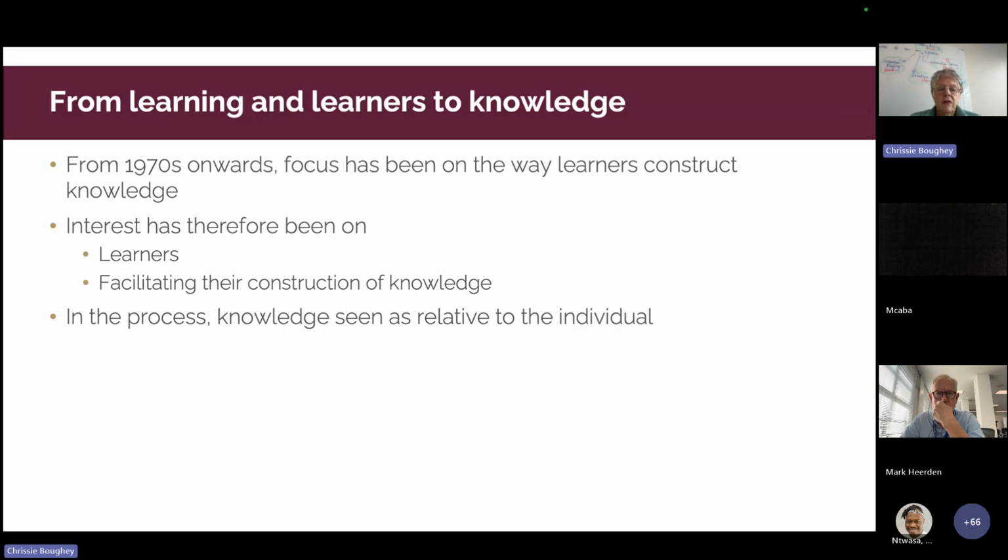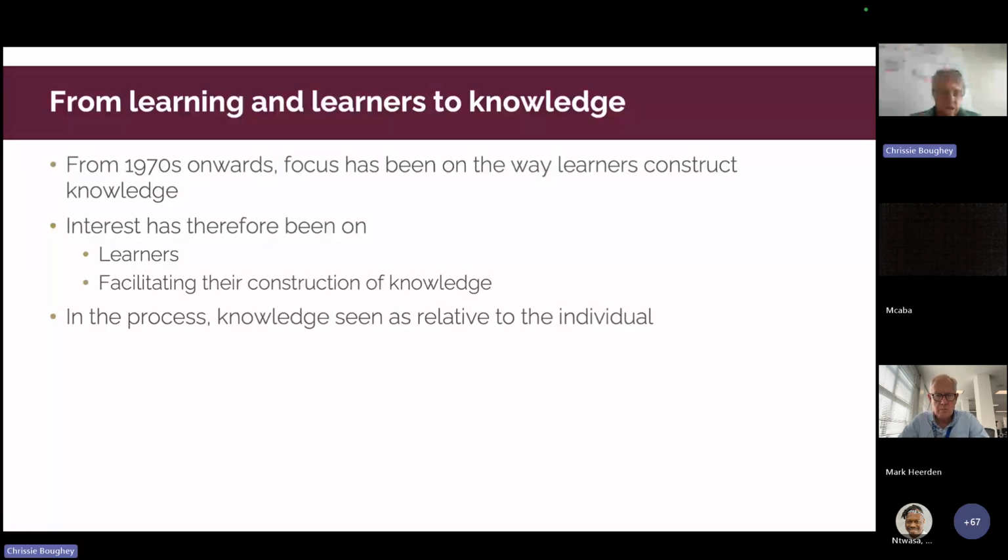But that argument resulted in an interest in acts of learning, drawing on the position of constructivism, social constructivism. And the idea then was that teaching was a process of facilitating learners' construction of knowledge. So teaching very much as an idea of facilitating.